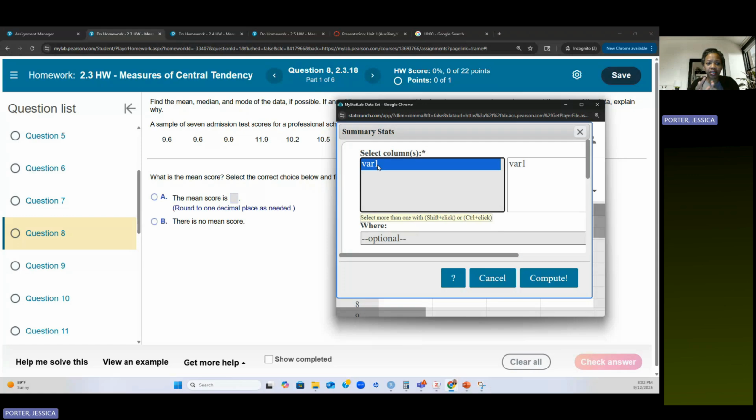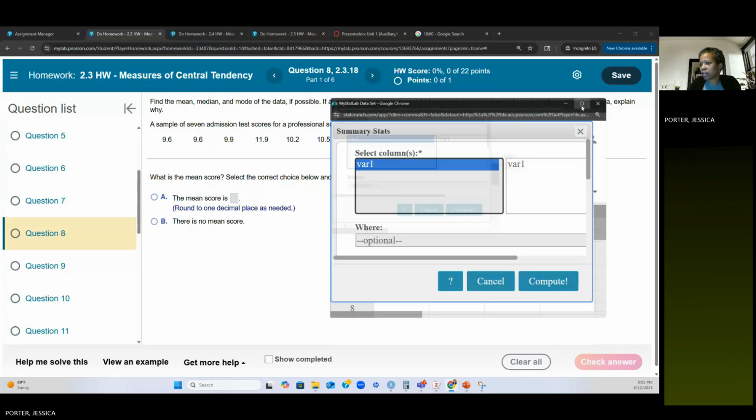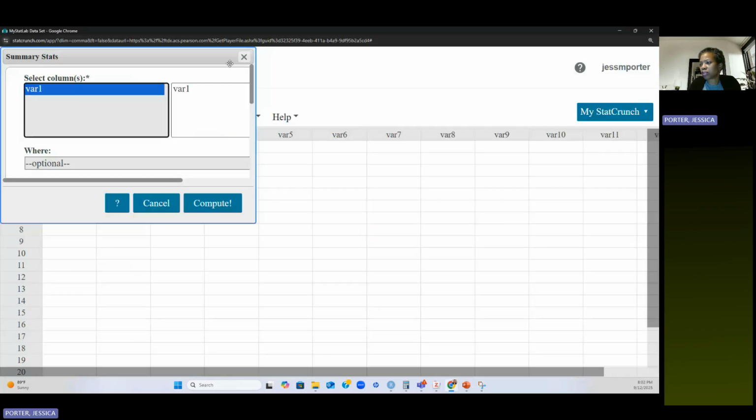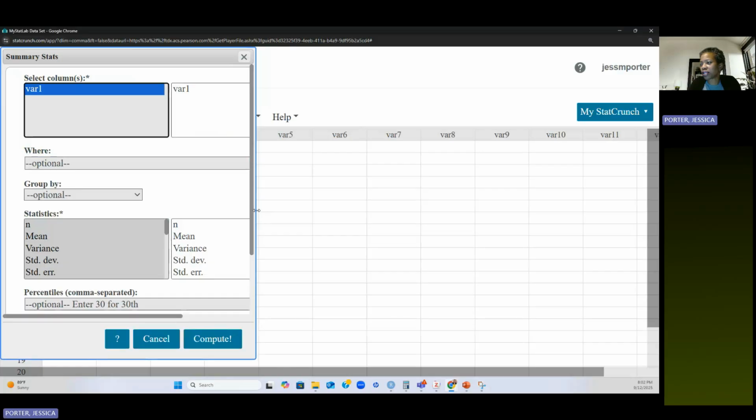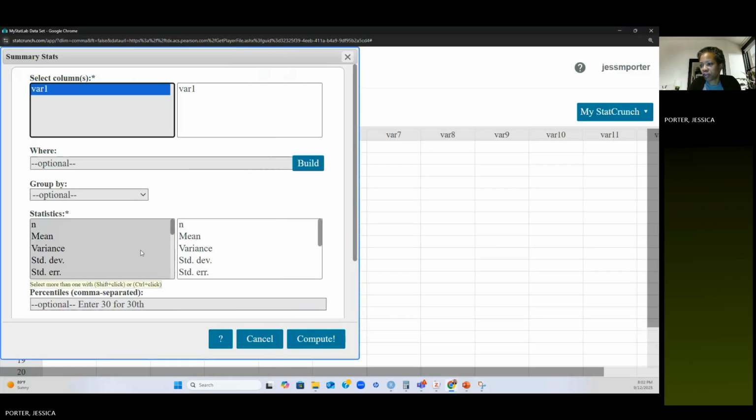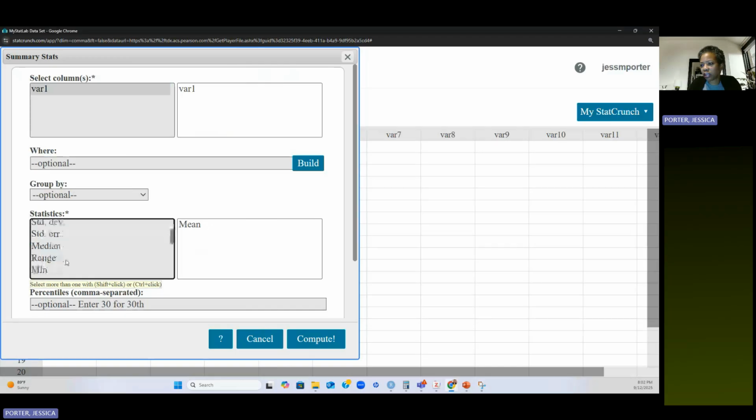And most of the time, especially during a quiz or a test, you can just load the data in straight from the question itself. Here we go. And I just want the mean.